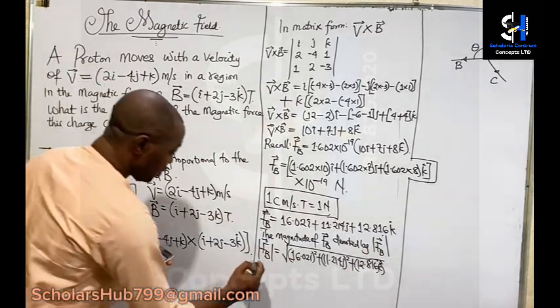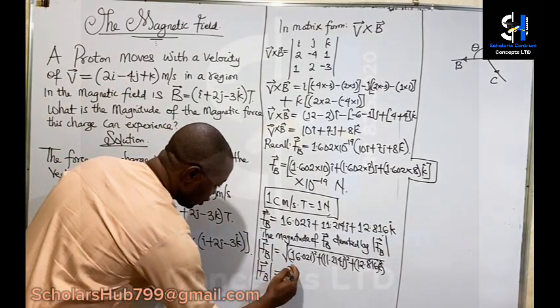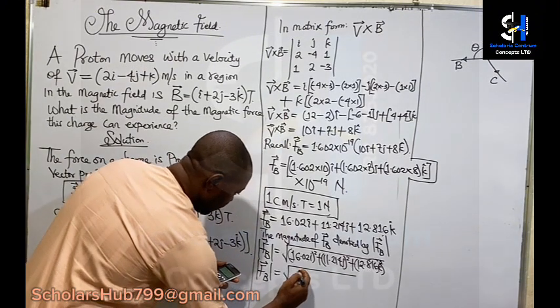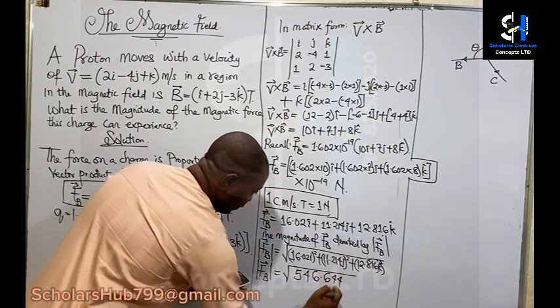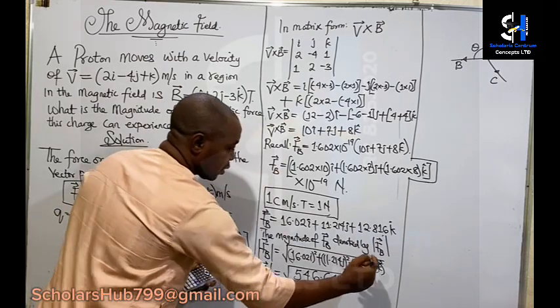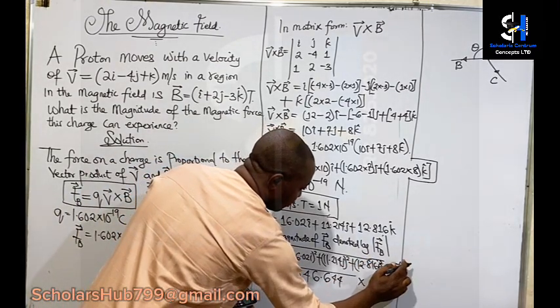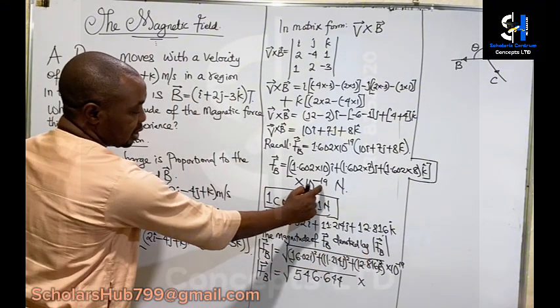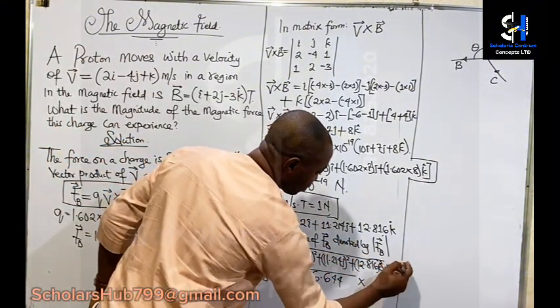Altogether, we have the magnitude of F squared, which will now be 546.644. Don't forget that we're going to multiply this by 10 raised to the power of negative 19, and the unit remains Newton.